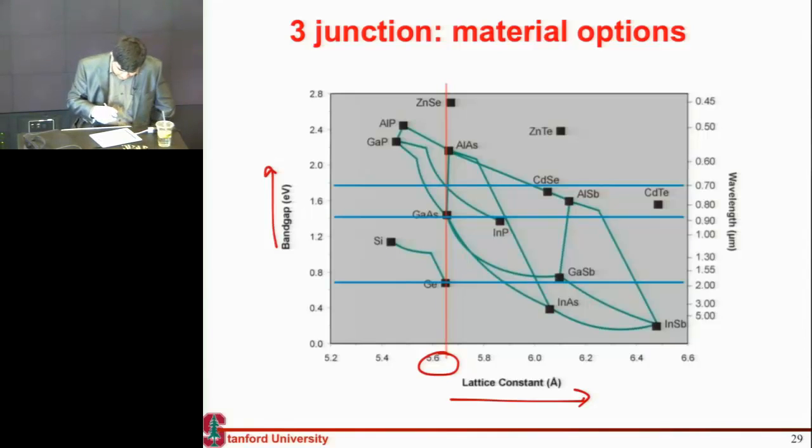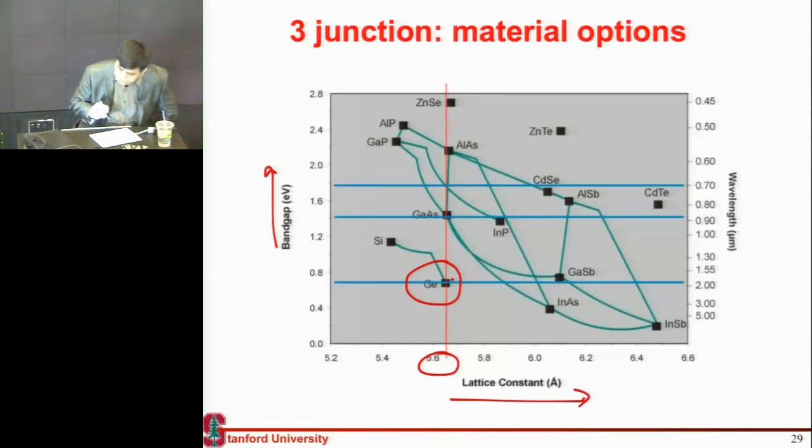Theoretically I might be getting some value, but my hands are tied by the laws of nature, and I'm constrained to use only those systems which are lattice matched to each other. The most common system used is grown on germanium.